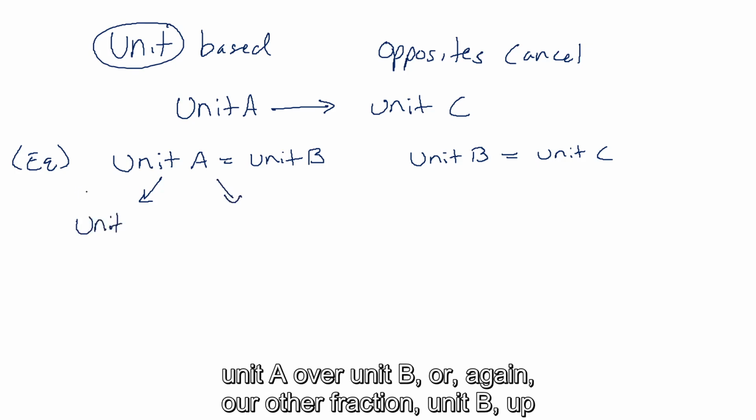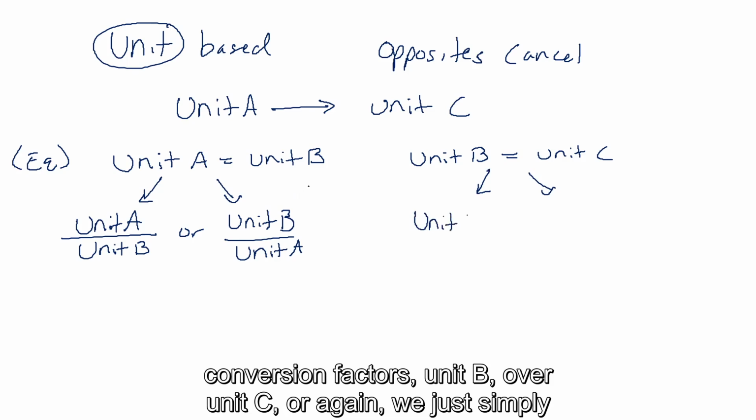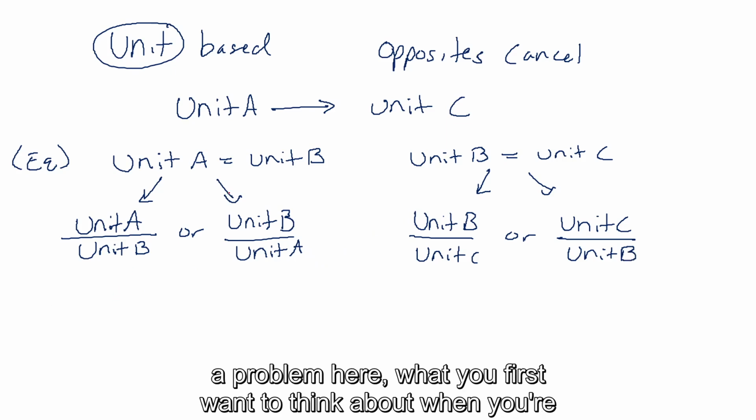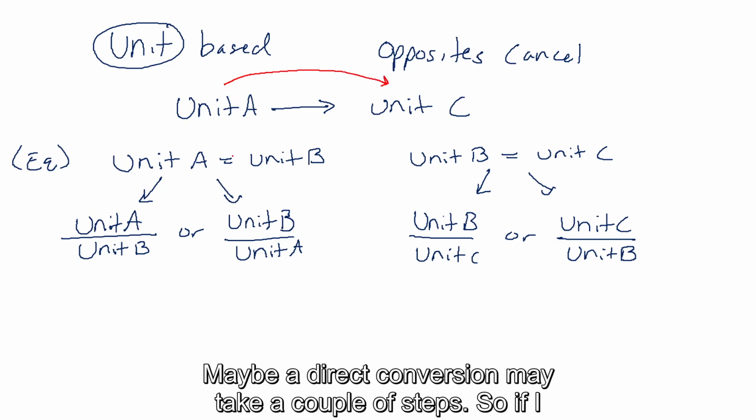So in this case, we could say unit A over unit B, or again, our other fraction, unit B up on top over unit A. From the other equality, again, we could get two conversion factors, unit B over unit C, or again, we simply flip it around, unit C over unit B. So if we were going to do a problem here, what you first want to think about when you're doing a dimensional analysis is, how can I go from here to here? Maybe a direct conversion, or it may take a couple of steps.